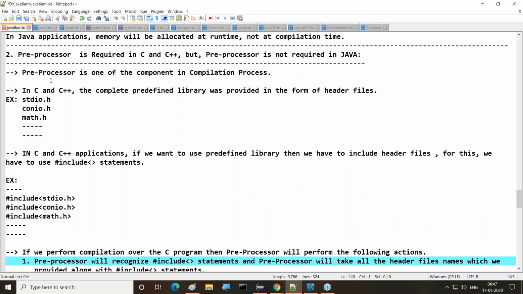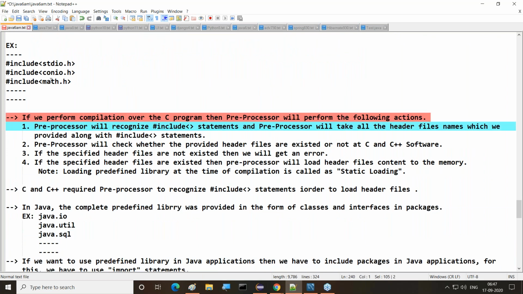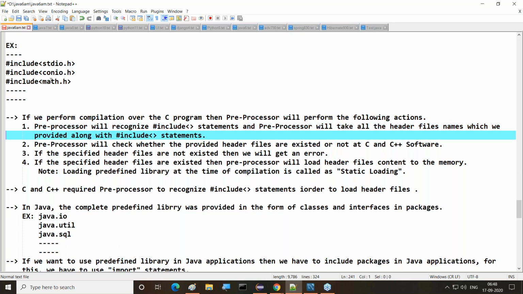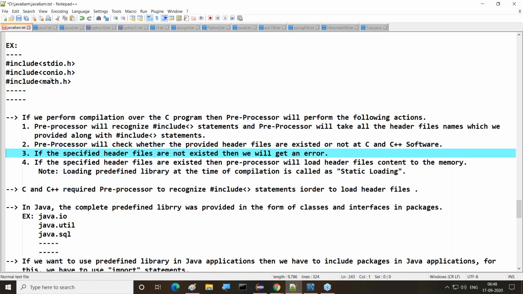Observe carefully. If you perform compilation over the C program, then the preprocessor will perform the following actions. Preprocessor will recognize hash include statements and take all the header file names which we provided along with them.